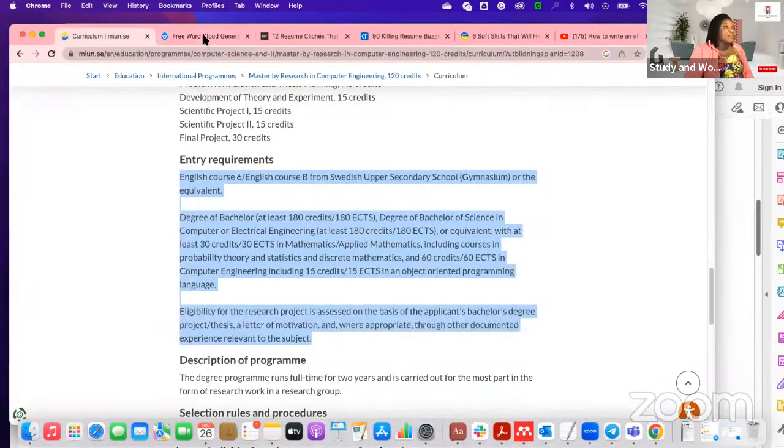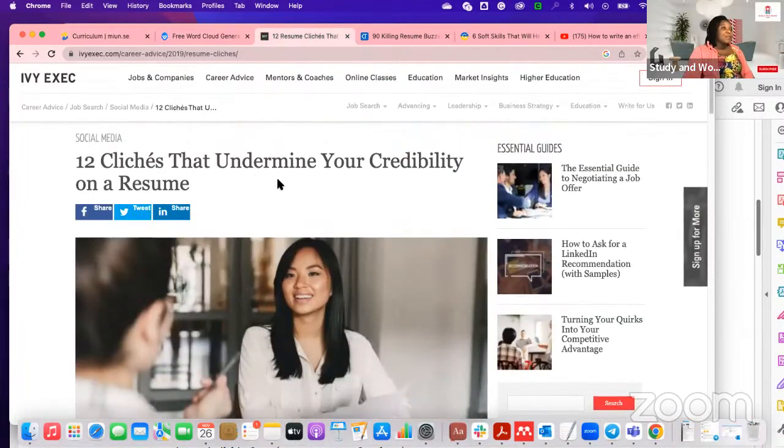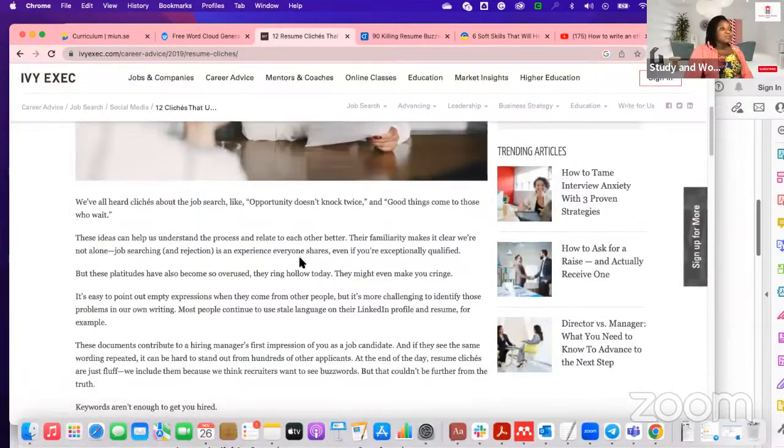Secondly, people use buzzwords inside their CV and their motivational letters. I just did a search for buzzwords and cliches. So in your CV, you are putting so many buzzwords.